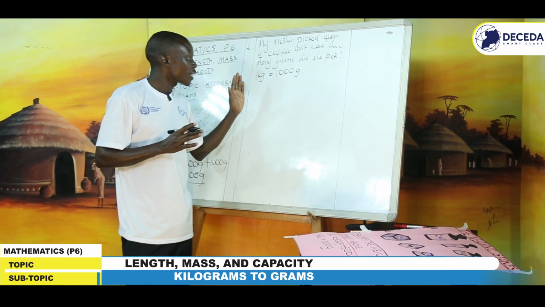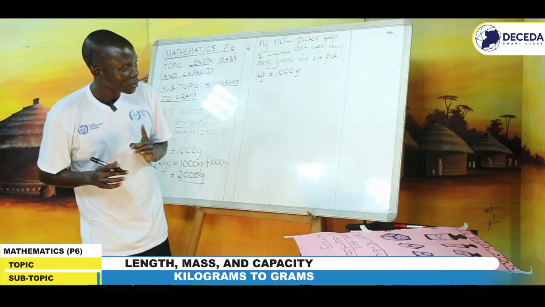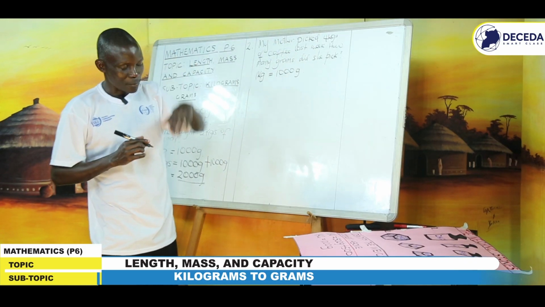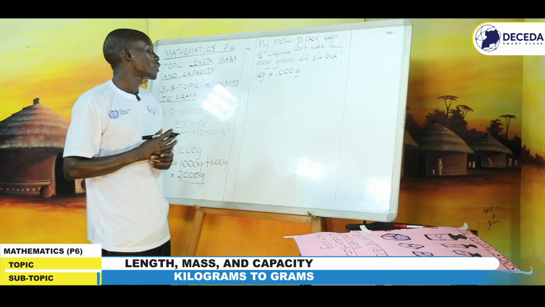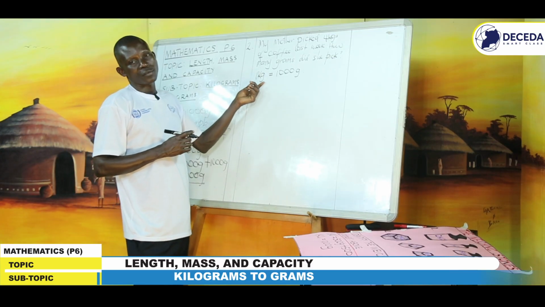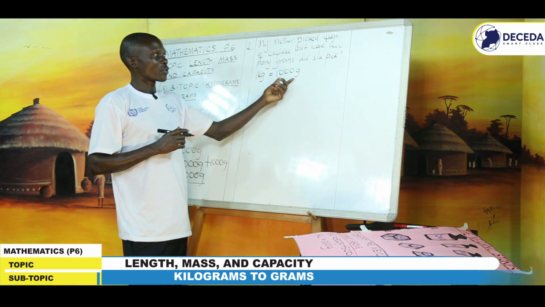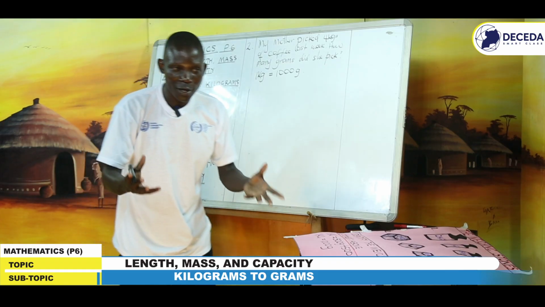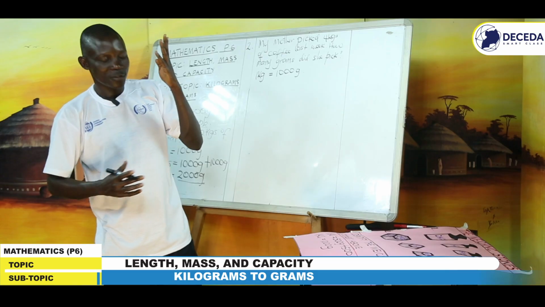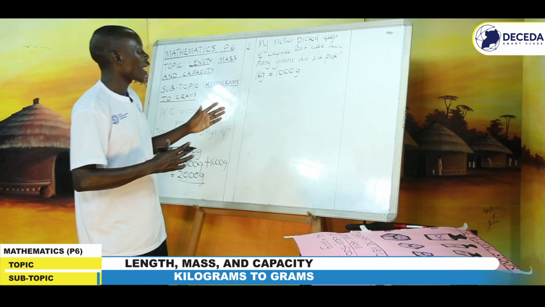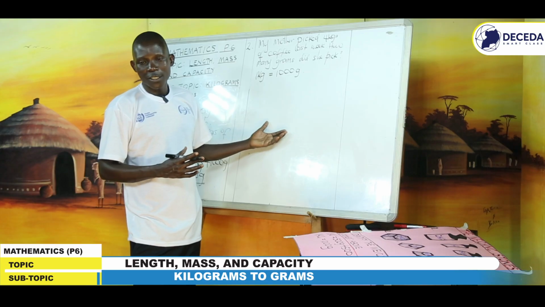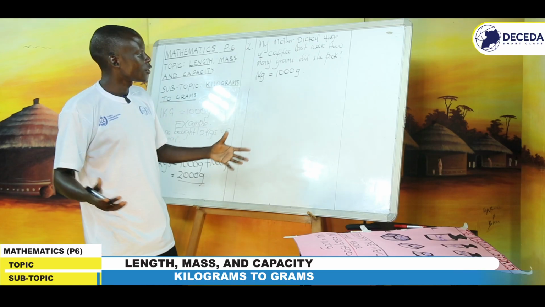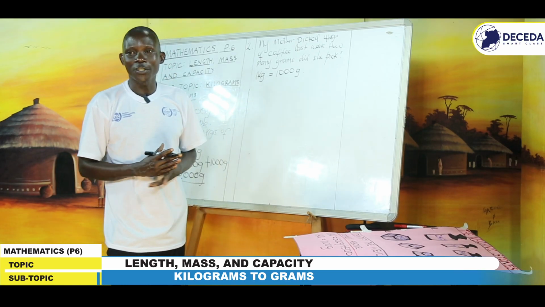We shall always have a kilo making 1,000 grams. Now, what will change is the number of kilograms and then grams. Now, remember what I said, that if you have 1 kilogram, it is 1,000 grams. You can either add it and add it and add it 4 times. Or we can multiply, since multiplication is repeated addition.